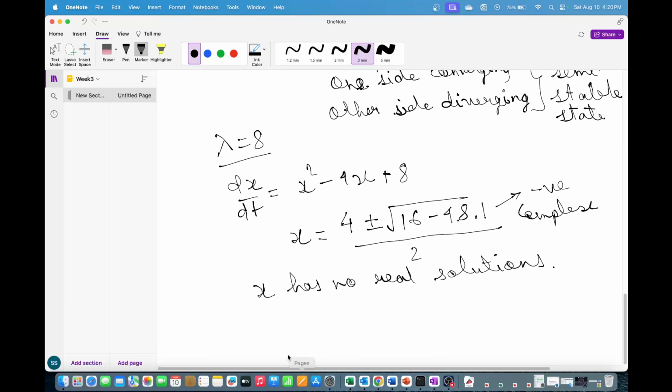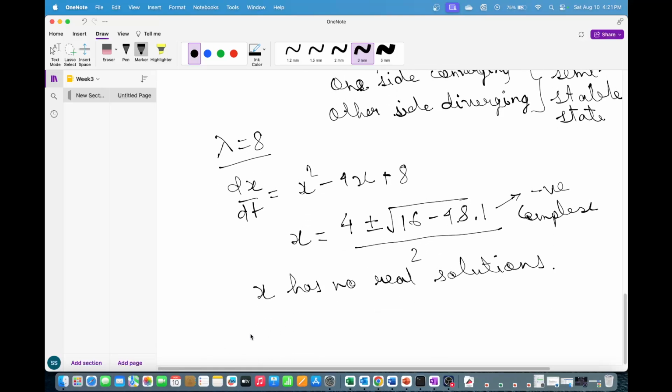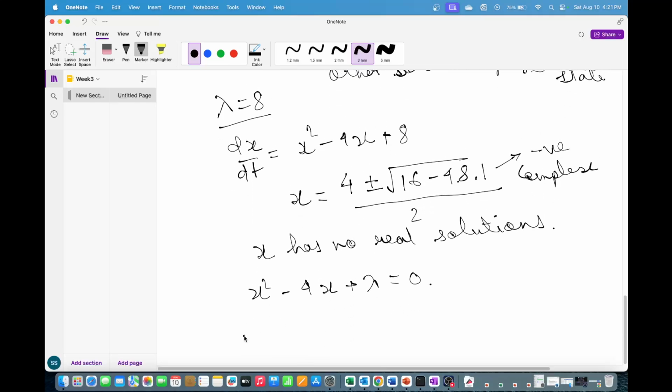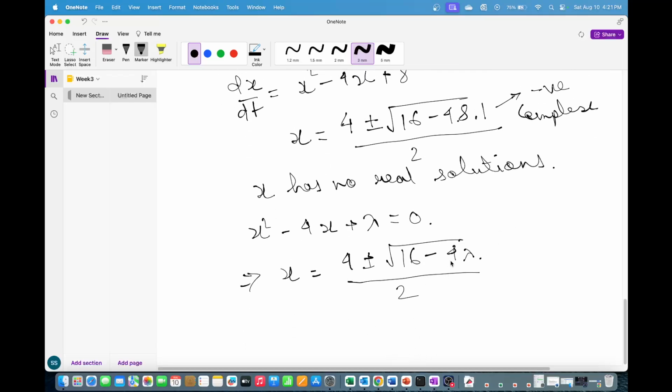In fact, if you just take the whole equation x square minus 4x plus lambda equal to 0, and try to factorize this for all values of lambda, x will become 4 plus minus root over b square minus 4 lambda, by 2. Now for x to have real roots, the expression under the root should be a positive one.